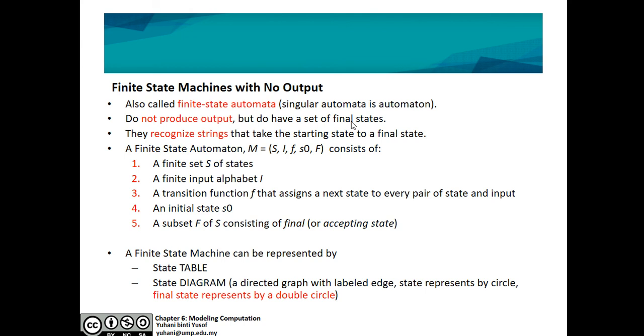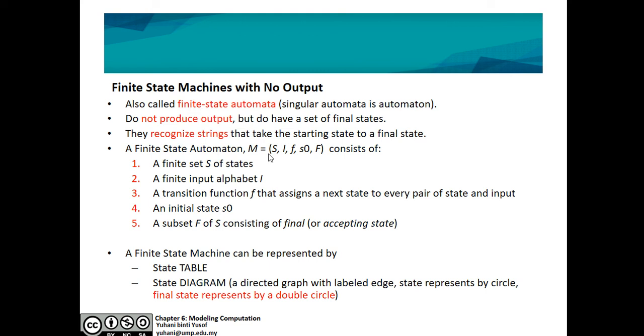We can recognize the difference between the state diagrams with and without output if we see a double circle. If you see a double circle, that machine is a finite state machine with no output. The double circle represents the final state.